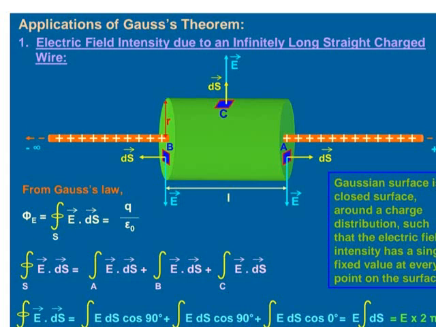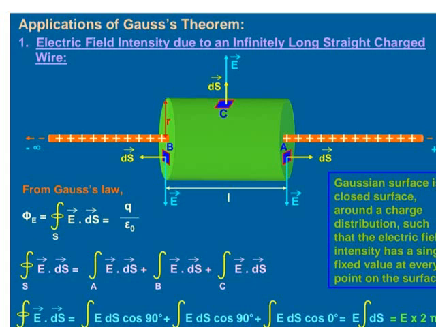Breaking E dot dS over the closed surface S into three surfaces A, B and C, for surface A it will be E dS cos 90 degrees. Similarly for surface B. So we get E dot dS over the closed surface S equal to the integral of E dS over the surface C only, because in that case the angle between the two vectors is 0.